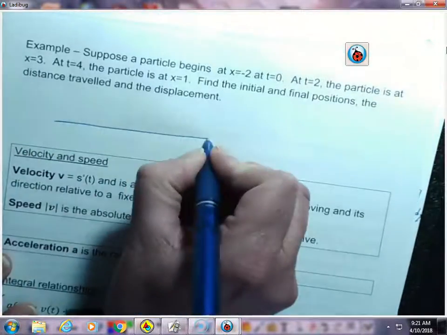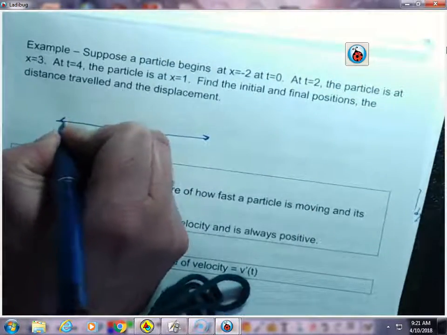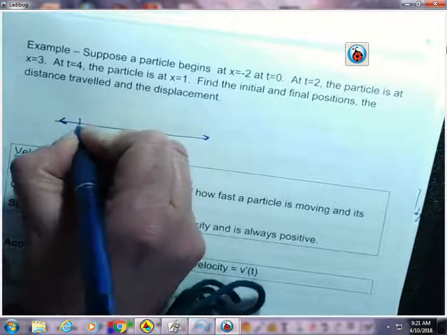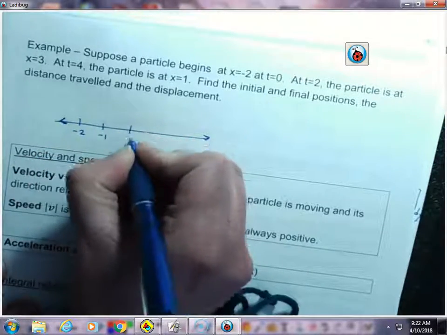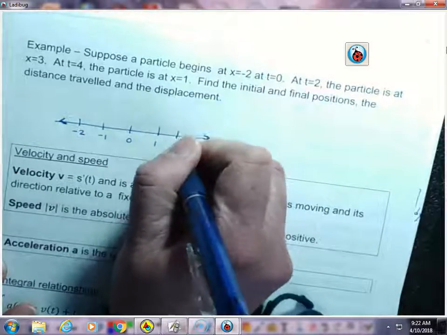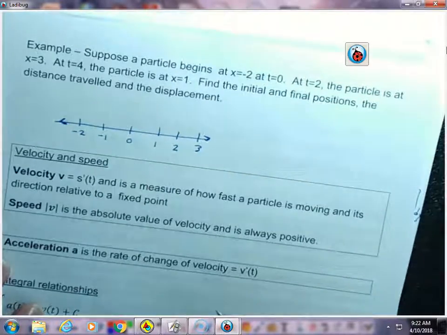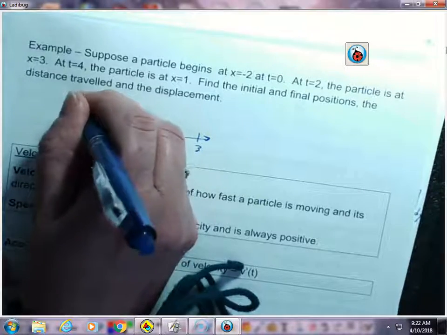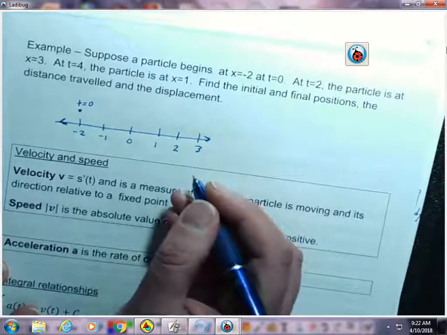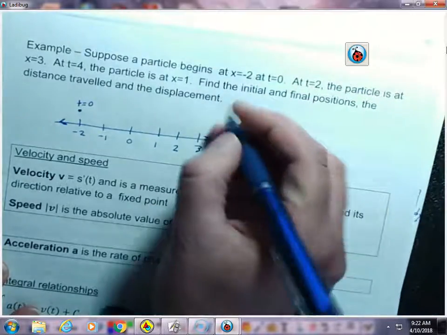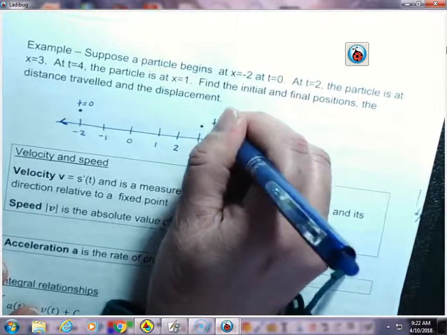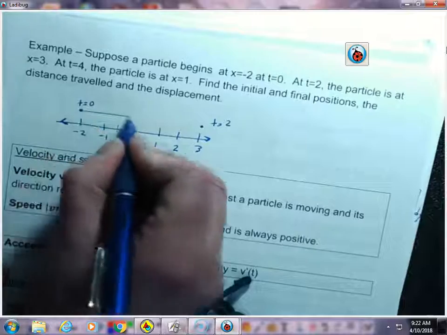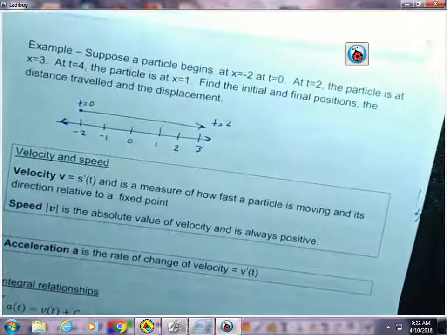So again, I'm going to draw what's called a motion diagram. It's at negative 2 at time equals 0. Time equals 2, it's at x equals 3. Go ahead and show an arrow, that way I know which way.